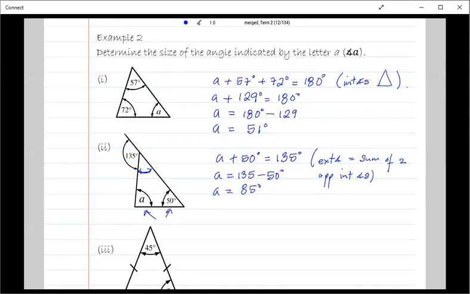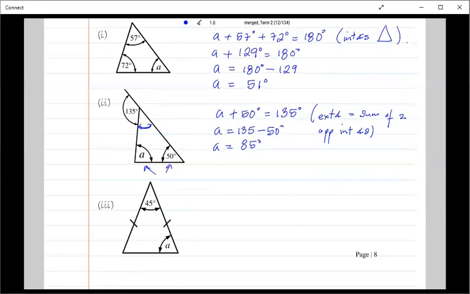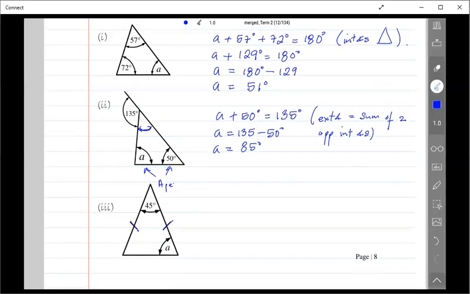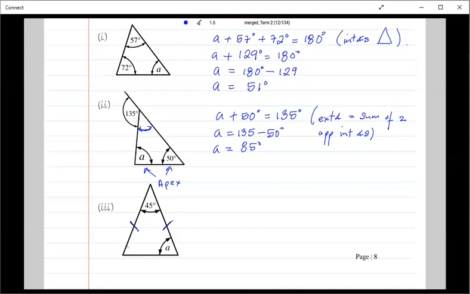In the third question, the triangle is an isosceles triangle. How do I know these two sides are equal? Now, the two equal sides of an isosceles triangle meet at the apex. So this side and this side meet at the apex.